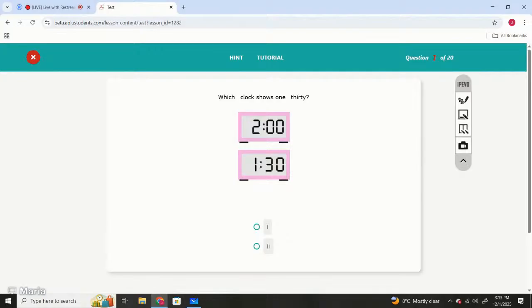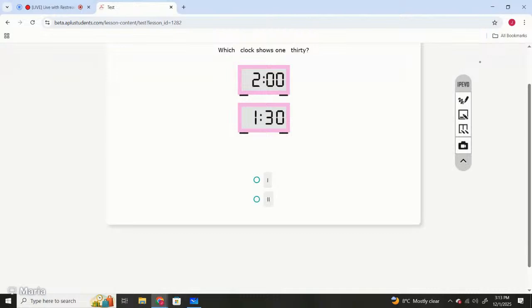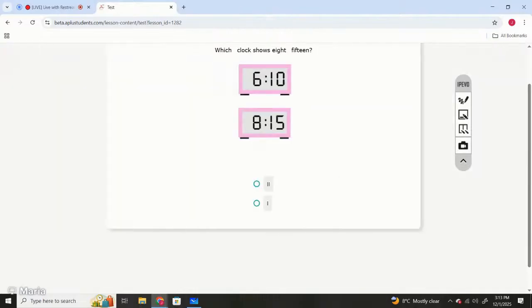So 1:30 means 1 hour and 30 minutes. Option number 2 is the correct option, right? 1:30 means 1 hour and 30 minutes. So option number 2 is the correct option, that is 1 hour and 30 minutes.